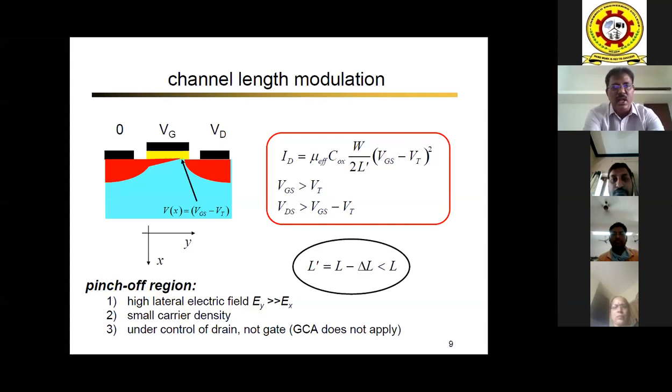Now, instead of this, if the channel length is somehow reduced without our intention, that problem is considered channel length modulation, because this internal length further deteriorates our threshold voltage and our VDD, which are not actually intended as per our design, right?